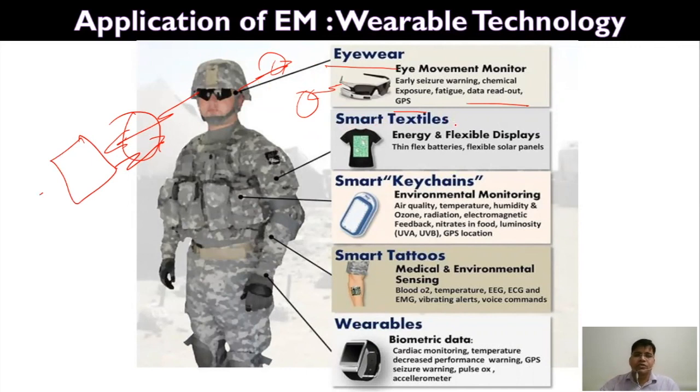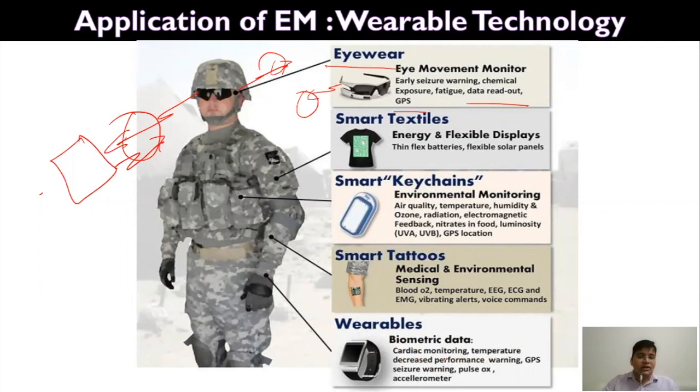Smart textile is also there. A smart jacket may also include GPS, which is also based on the electromagnetic signals. Smart keychain is also there. Smart tattoos are also there. Wearables are also there, meaning biomedical data: we may use a smart watch for cardiac monitoring, temperature, performance, meaning what is the temperature of your body and what is your heartbeat.